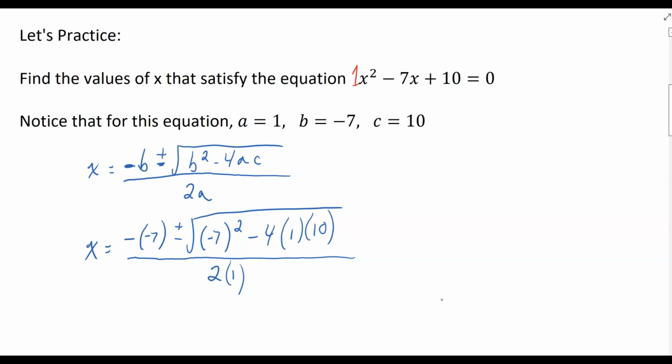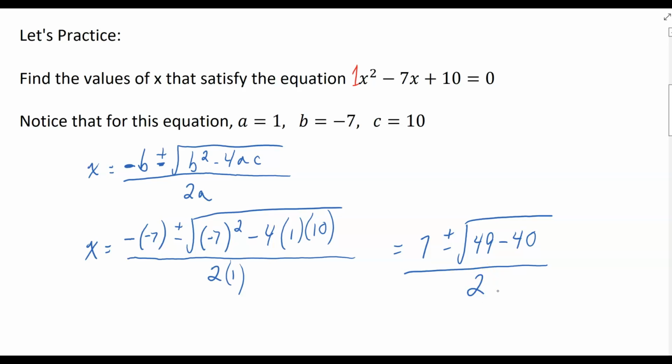Okay, a little more simplification. Actually, I'm going to move over to the right here. So negative negative 7, that is 7. Plus or minus, what's in the square root sign? Well, negative 7 squared is 49, and we will subtract 40 from that. Okay? And it's all over 2.